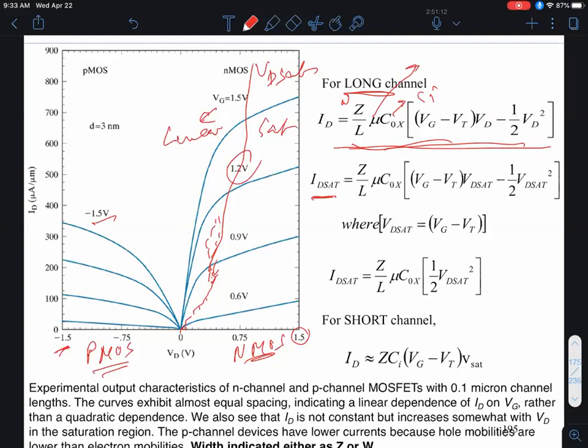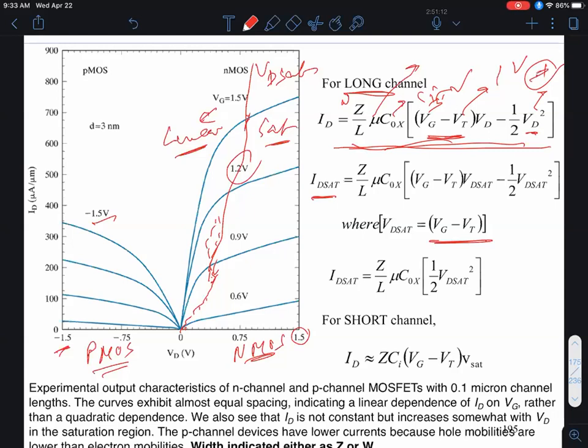Now, how do I decide whether I'm in this region or this region? That's one typical gotcha. If I gave you, for example, VG of say 5 volts and a threshold voltage of 1 volt, and the drain voltage was say 0.1 volt, what you have to see is whether my VD is greater than or less than VG minus VT, because VG minus VT is my VD sat.